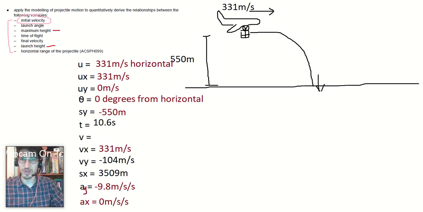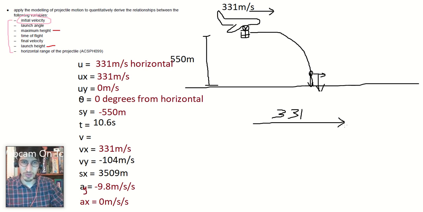So to get the final velocity, it's not actually that difficult. We need to use vector analysis. The projectile at this point here is going to have some downwards velocity, it's going to have some horizontal velocity, and we need to combine the two to get the final velocity. The horizontal velocity is going to be a vector with value 331 meters per second.